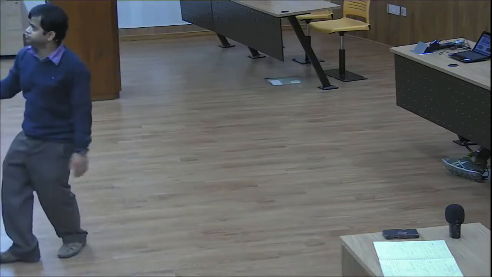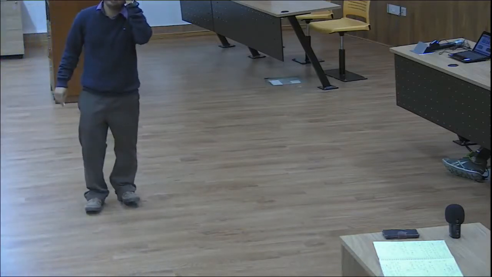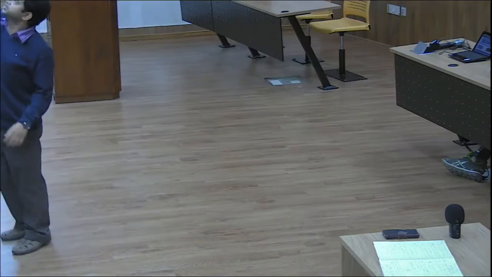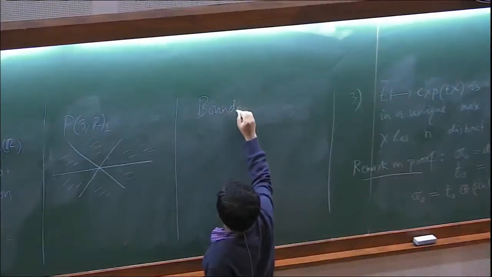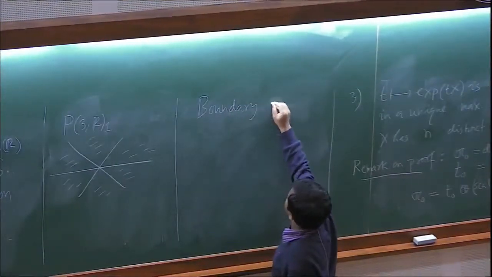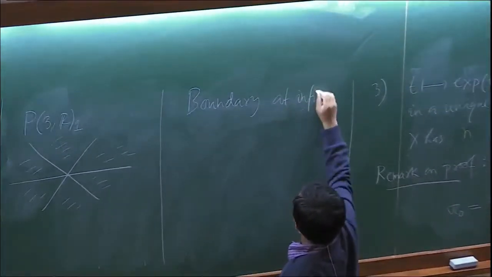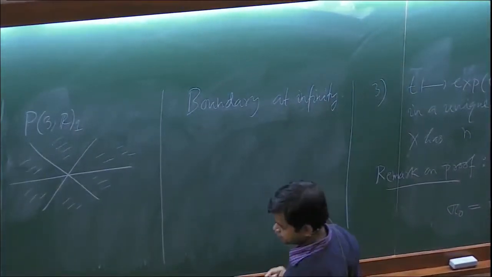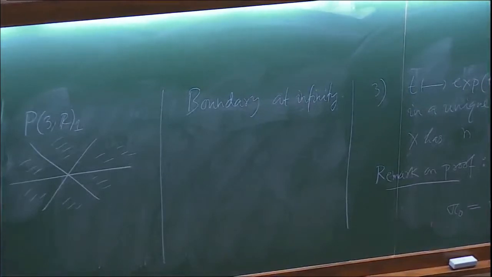So now I want to move to a new topic: boundary at infinity. There is a natural compactification of this kind of space, the symmetric spaces with non-positive curvature.